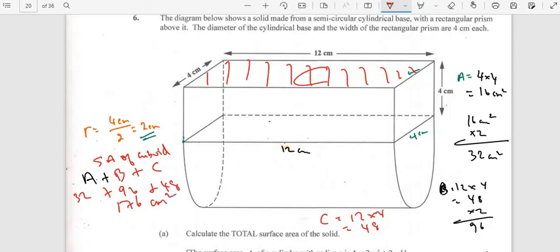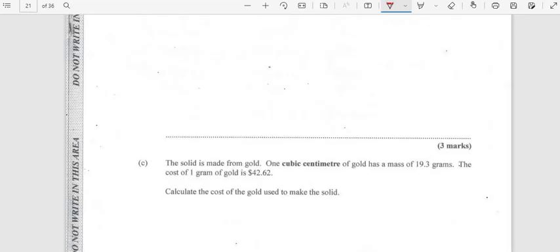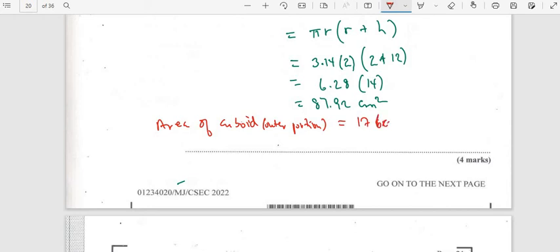If we do it in centimeters, it's square centimeters. So the area of the cuboid, the outer portion, is equal to 176 centimeters squared.